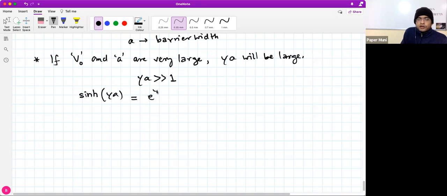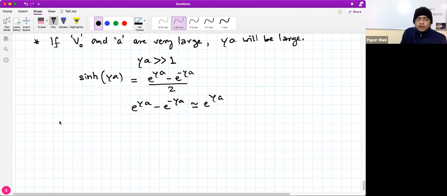So if you write exponential gamma a minus exponential minus gamma a, divided by 2, for gamma a very large, the first term will be very high compared to the second. The second will reduce to 0, so this will be approximately equal to e to power gamma a.